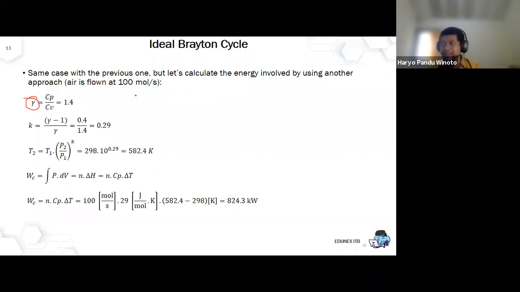Always take an assumption at first, or simplify your approach by assuming an ideal diatomic gas.